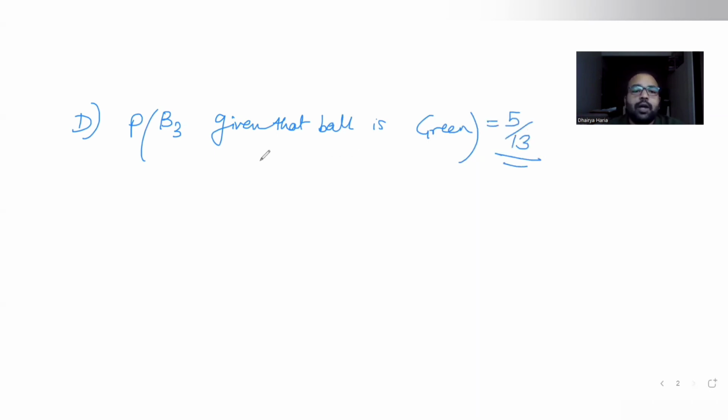Let's find out. First of all, we need to first select a bag, and after that we can select whether we are getting a red ball or a green ball, right? So now when it is given to us that the ball chosen is green, it is a conditional probability. And when a conditional probability is used, we use Bayes' theorem to do this question.